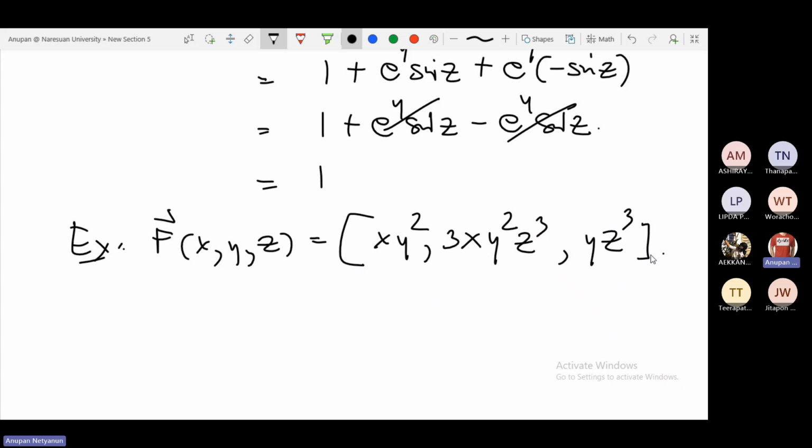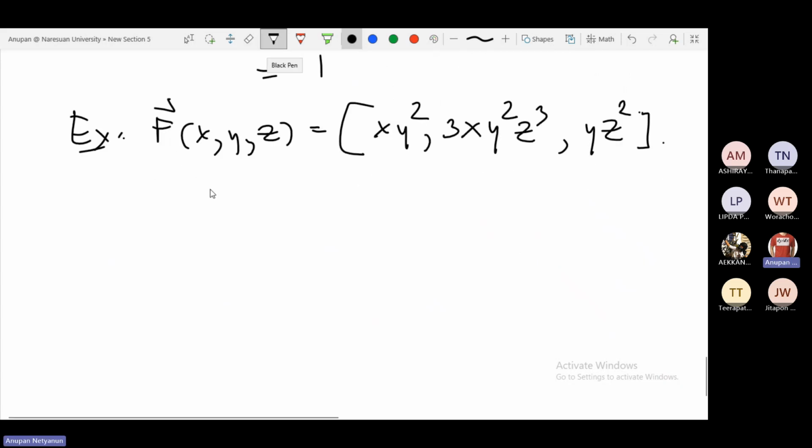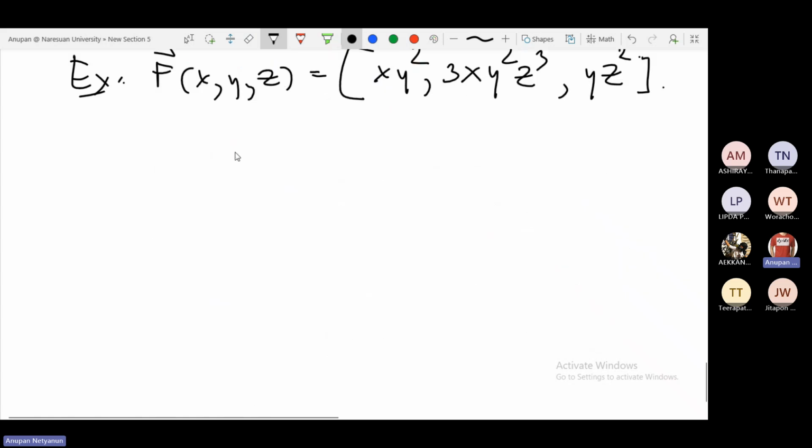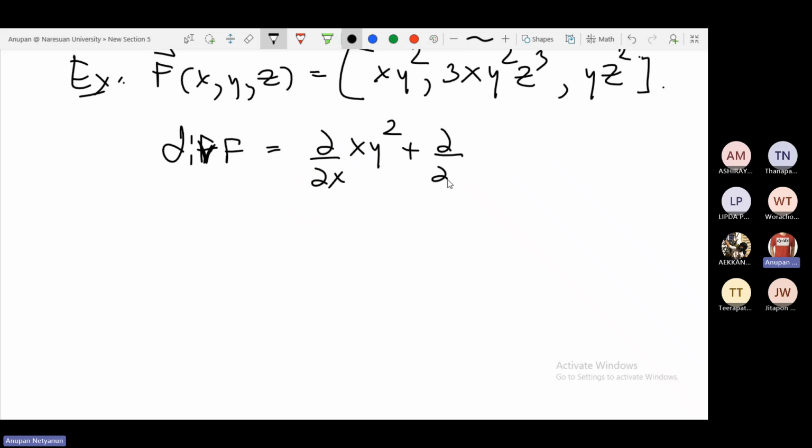Okay. No, sorry, y z squared. Okay. So the divergence of f, div f, is the partial derivative with respect to x of the first component, plus the partial derivative with respect to y of the second component, plus the partial derivative with respect to z of y z squared.